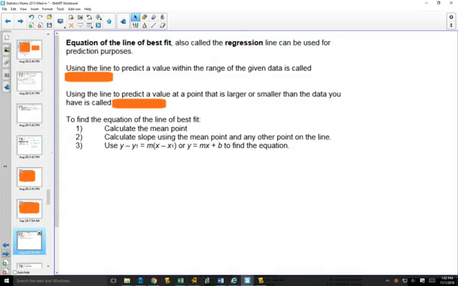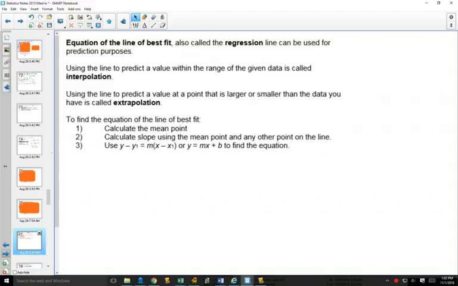So if we were finding the equation of our line of best fit, or our regression equation, on our own, well, these are things we talked about before, interpolation and extrapolation. But if we're finding the equation of a line to figure out stuff, we need to find that equation.